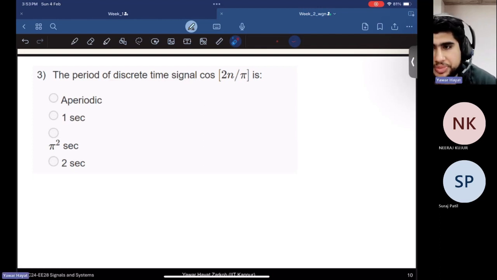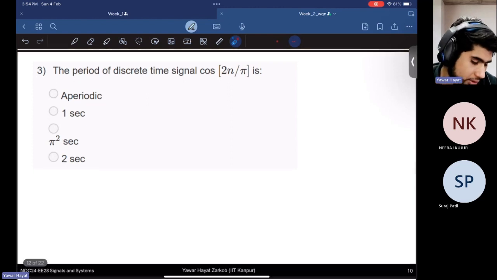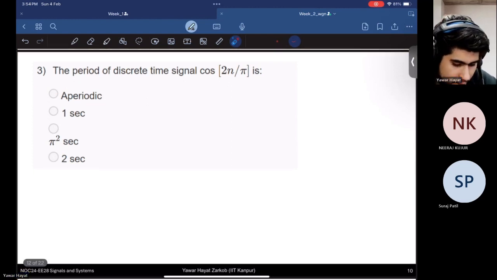It is a discrete time signal, right? Aperiodic. Correct. I would still wait for a minute for the others to solve this question. The answer is aperiodic. Neeraj is right.